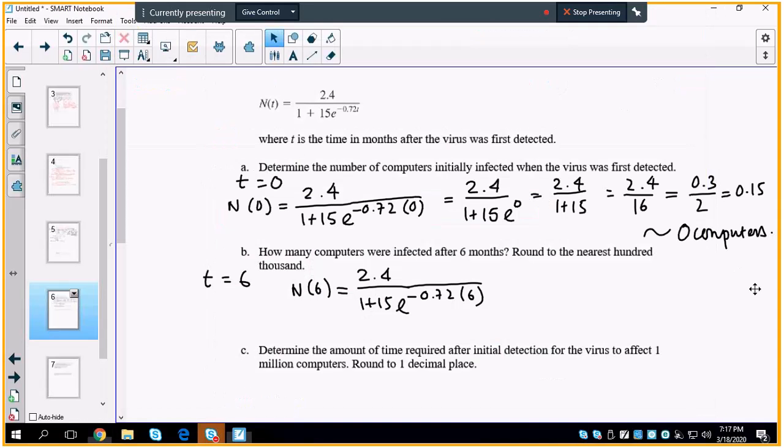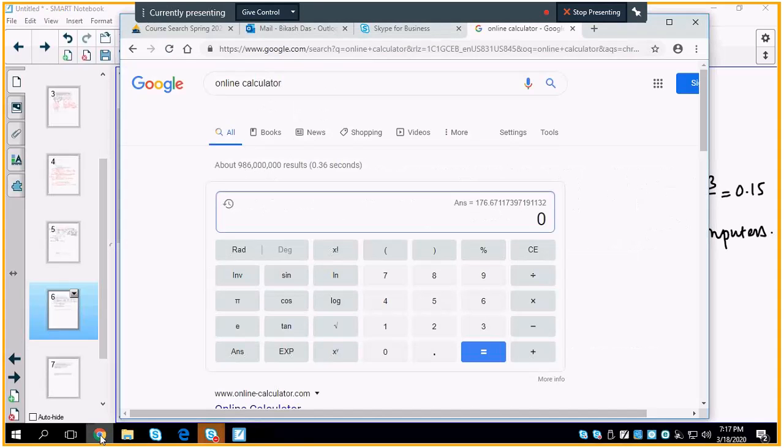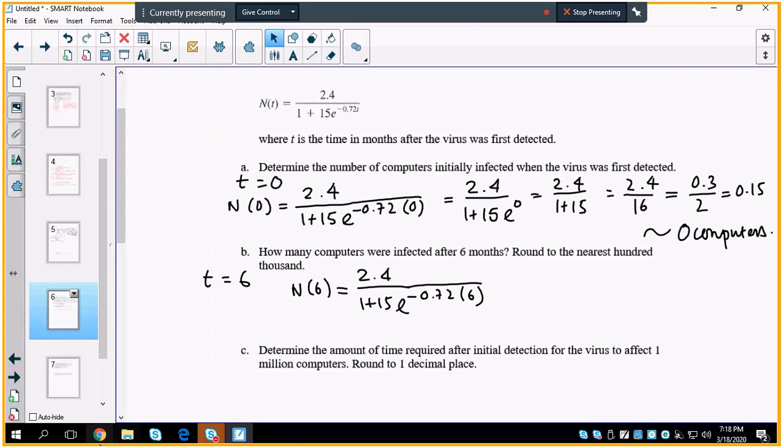First, we'll work out the power. So minus 0.72 times 6, this is the power, raise e to it. So I will say e to the power answer. Then I'm going to multiply 15 with that and add 1.